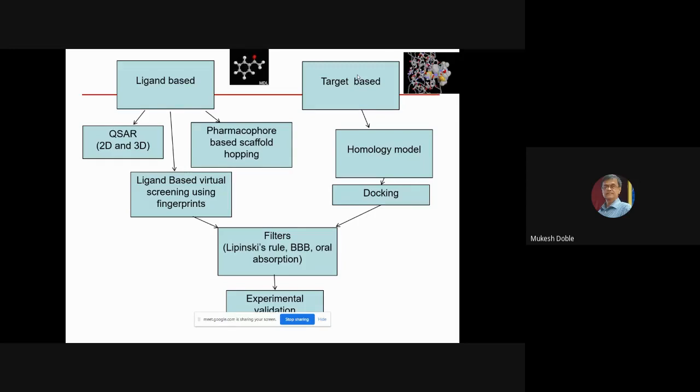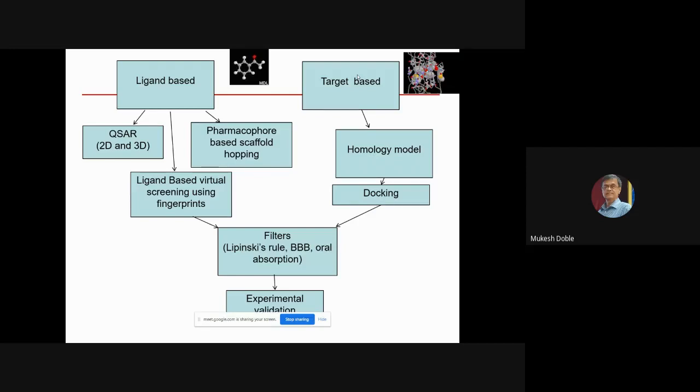You can do many of them with Excel. I showed you another tool called build a QSAR, which can do many of those jobs. Then there is a lot of statistics we need to keep in mind to prove that the models you have developed have good fitting as well as predictive capability.